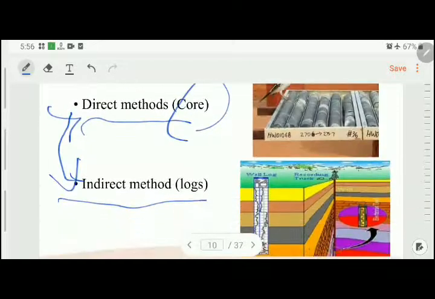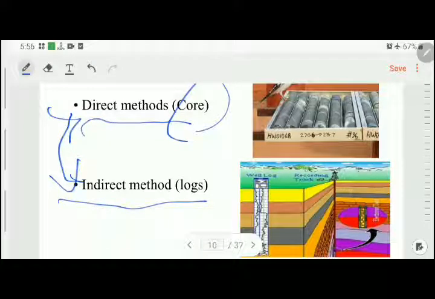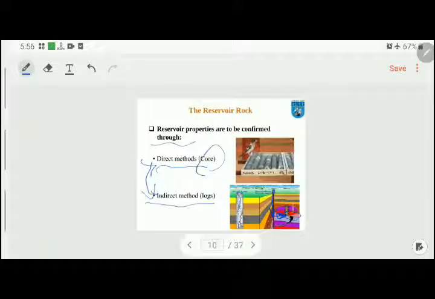You are inserting well logs into the well, and these well logs can gain information about the reservoir rock properties. So in the direct methods انك تحسس هذه العينة وتأخذ منها الخصائص البروسيتي والبرميابيتي والسيتريشن وغيره، وفي الاندايركت ميثود الذي هي الويل لوجينج الذي ان شاء الله بدرسه في سمستر 6.